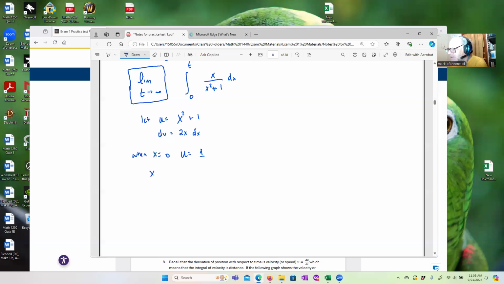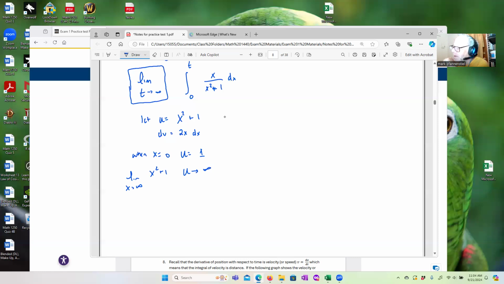When x goes off to infinity, the limit as x goes to infinity of x squared plus 1, then u also tends towards infinity. Okay, so we just changed the limits of integration to make sure that we're dealing with the u world values rather than the x world values.